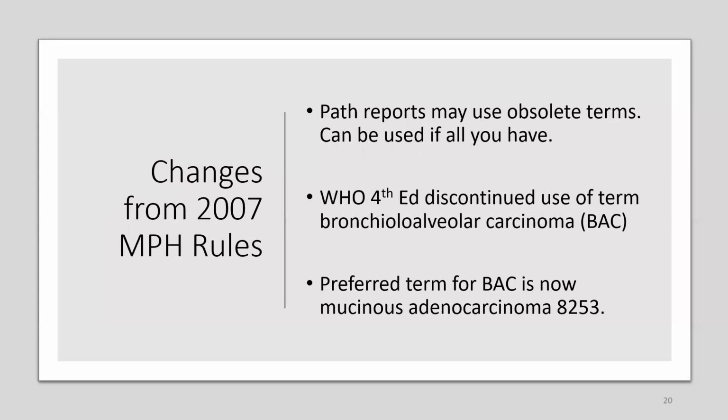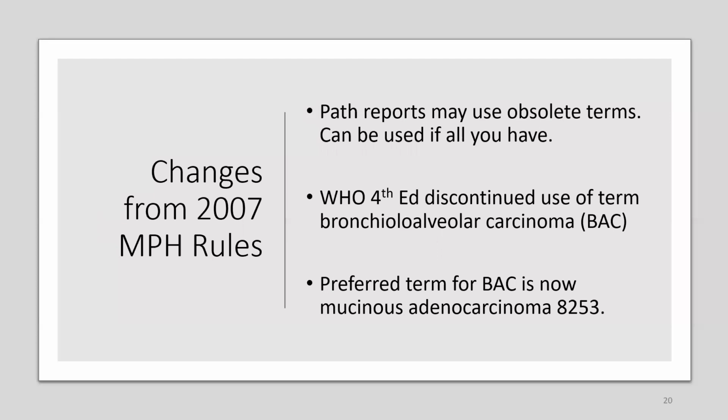Here are some important changes from the old MPH manual. Changes are implemented slowly over time, so it's not unusual for a path report to use an obsolete term. Obsolete terms and codes can be used only when they're the only information that you have. So if you look up a term and it says it's obsolete, and you don't have anything else in your record, you have to use that obsolete term.